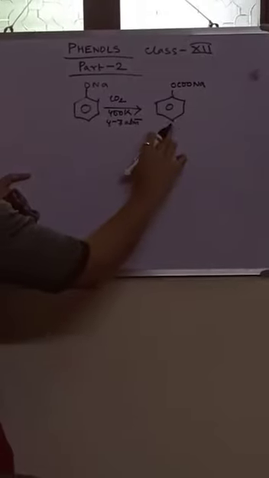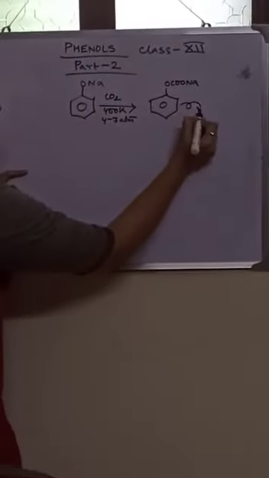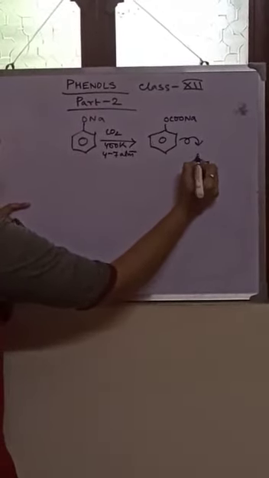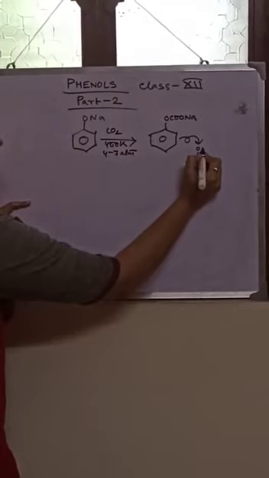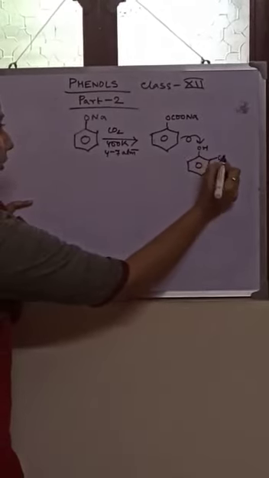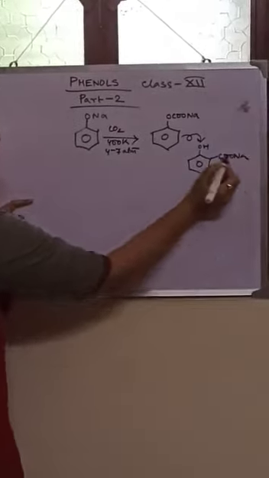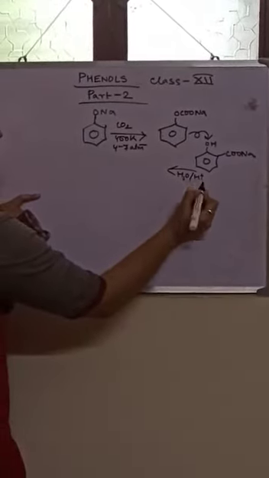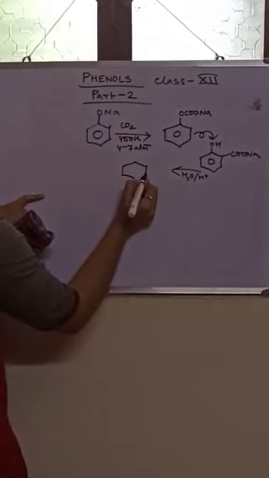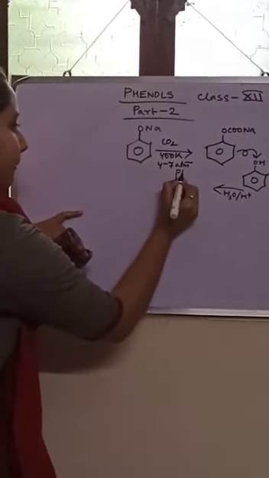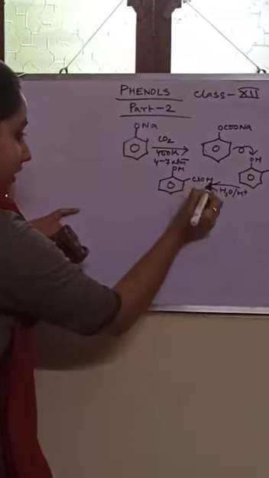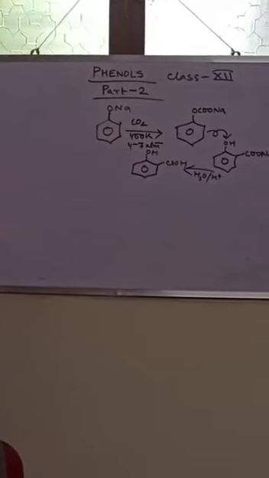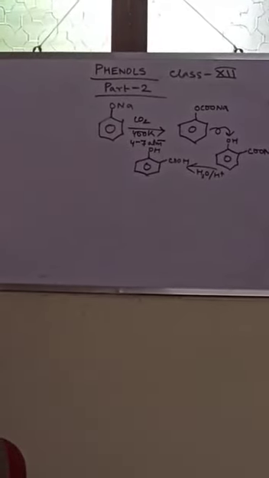We will get this product and immediately this will undergo rearrangement and we will get this. These on acidification will result in the formation of salicylic acid. Now salicylic acid has medicinal value because this is the starting material for several medicinal compounds.